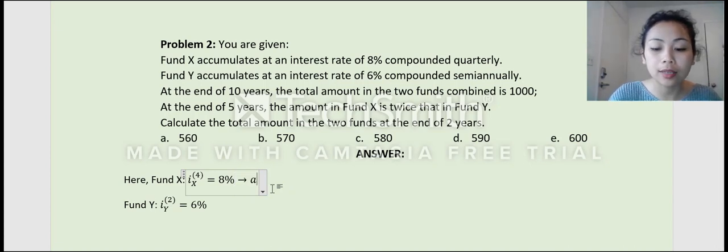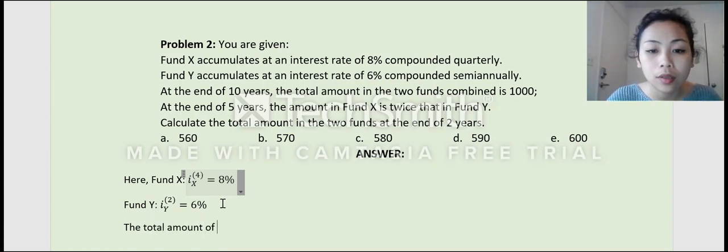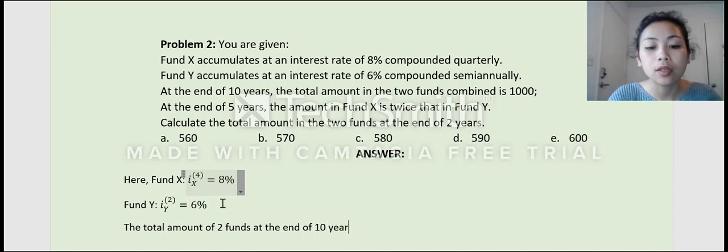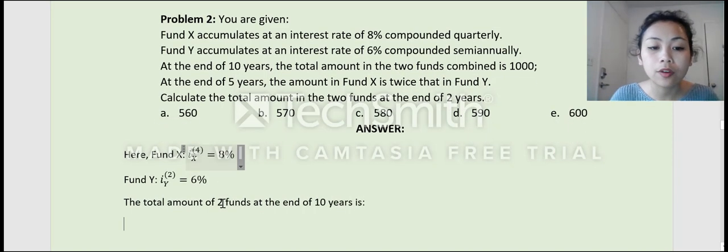So the total amount of the two funds at the end of 10 years is, for X, X is the principal.